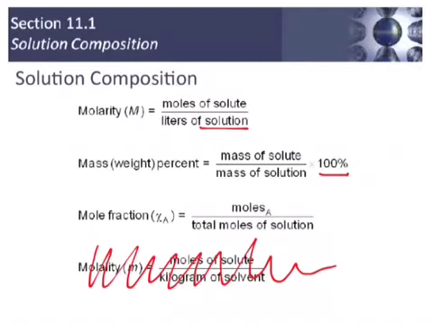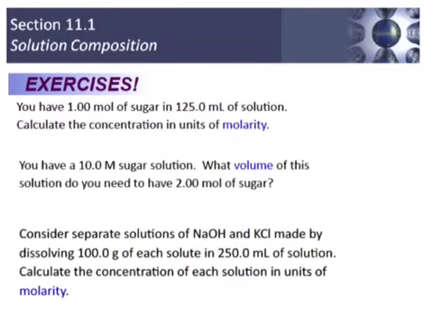So we're going to go do some problems. I said you need to have your calculator. If you have 1 mole in 125 milliliters of solution, calculate the concentration in units of molarity. And remember, molarity is just a fancy word for concentration.